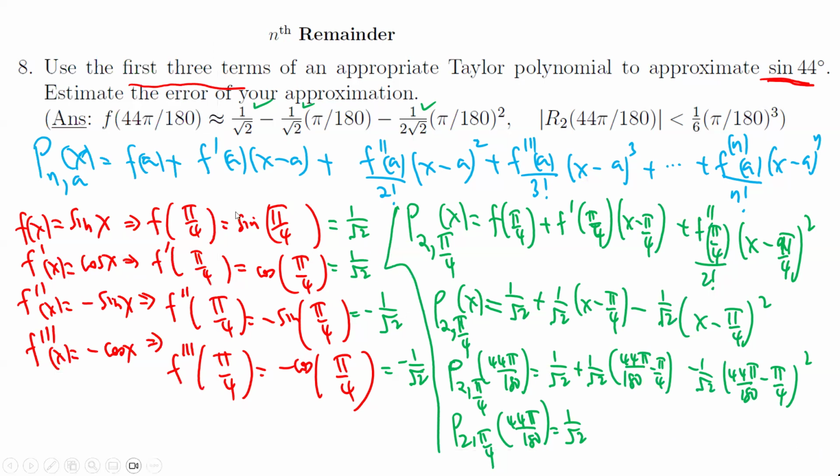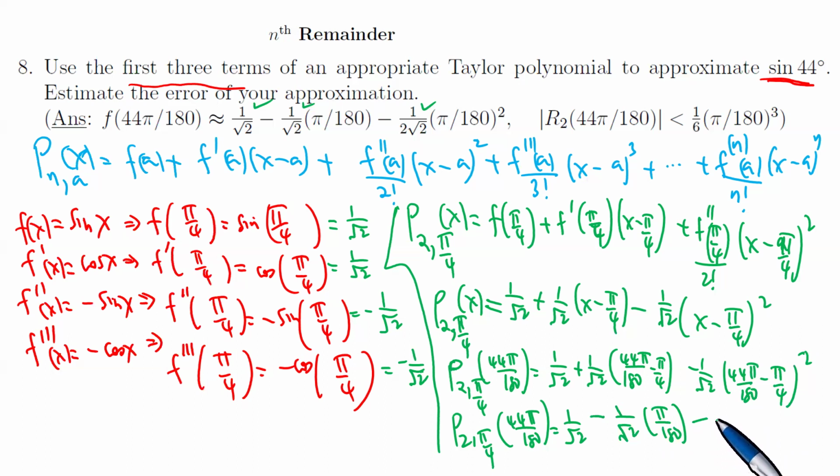So note that one. This one is going to be minus pi over 180, so it's going to be minus 1 over the square root of 2 times pi over 180, which is exactly this one. Even this one, 44 pi over 180 minus pi over 4, is minus pi over 180, but you square it, so it becomes plus.